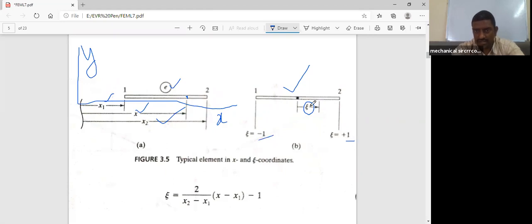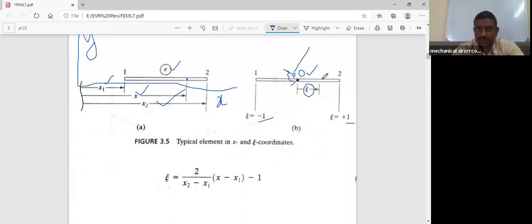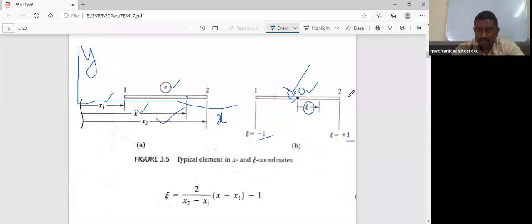At the middle of this element, the natural coordinate value J is equal to 0, and -1 and 1 at the ends. So in this way, we consider the natural coordinates.